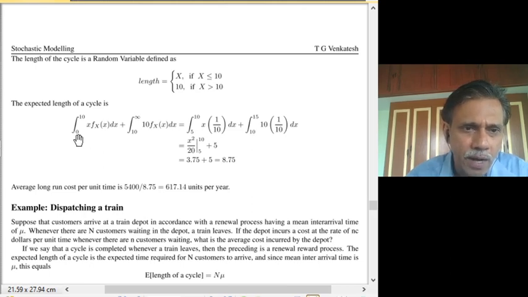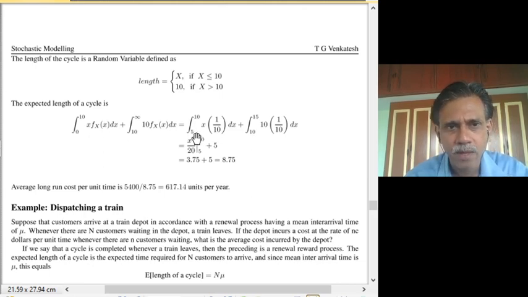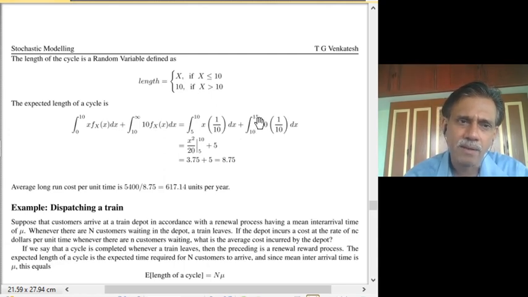Here, fX is 0 from 0 to 5, so the integral you only have to start from 5. The first term is the integral from 5 to 10 of x into 1 by 10 dx, because fX of x is 1 over 10 between 5 and 15. The second is from 10 to 15, not infinity, 10 into 1 by 10.